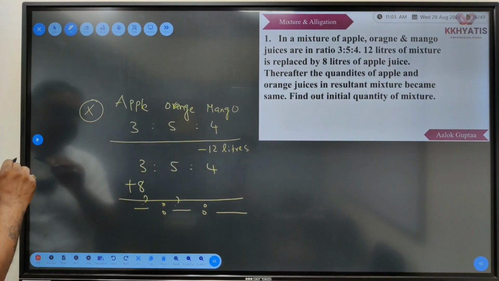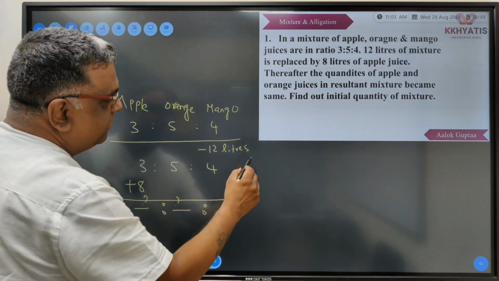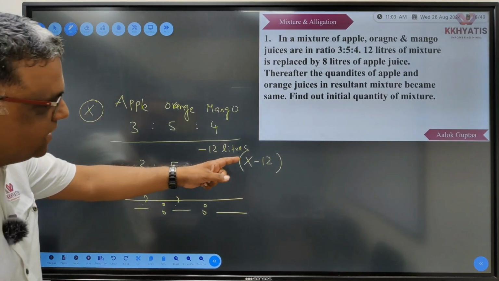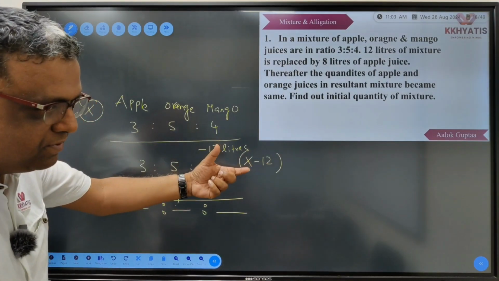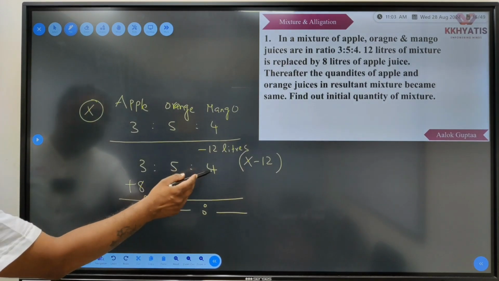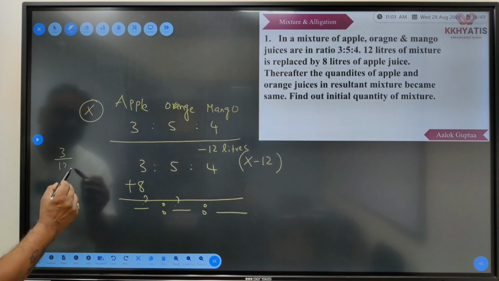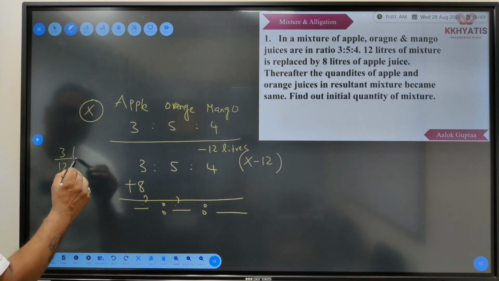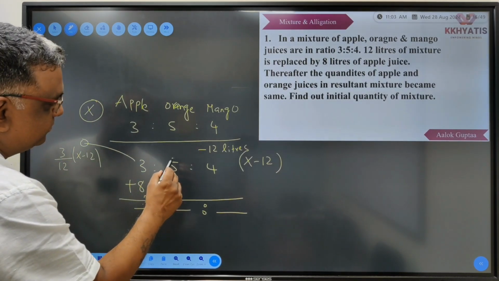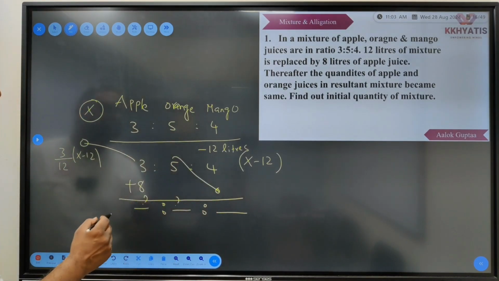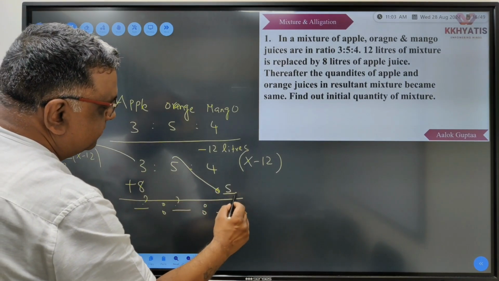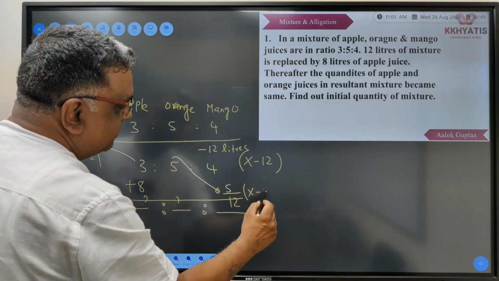It is X. When I am removing 12 liters, the left here is X minus 12, which means X minus 12 is the total left, in which apple is how much? 3/12 of X minus 12. This is the apple. And how much is orange? 5/12 of X minus 12.